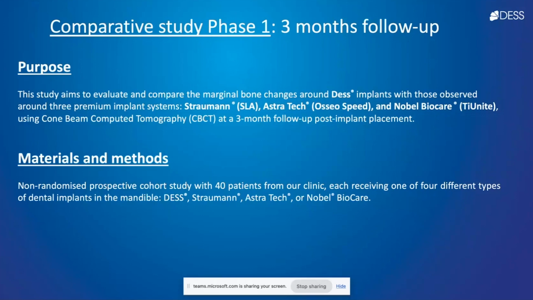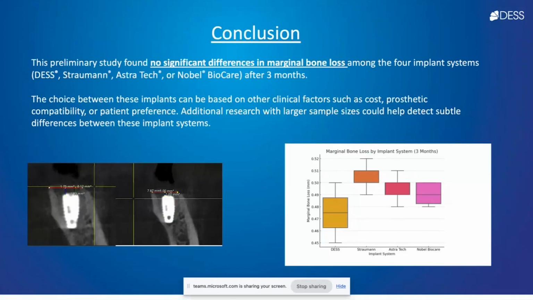This was phase 1 of the research project. And actually, the result was very, very comparable: the amount of crestal bone loss was 0.2 to 0.3 in almost all 4 dental implant companies. When we compared this dental implant with the other 3 companies, the results were very comparable.